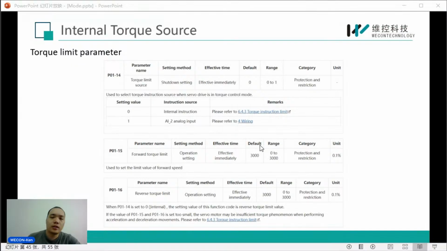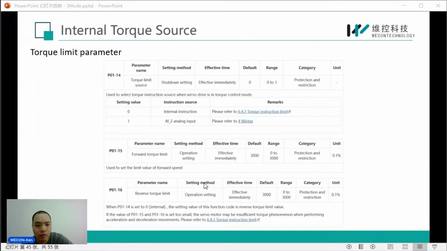Also, like speed control, there are limit parameters. We can use internal instruction to set the limit, or use analog input. Usually we use internal instruction.